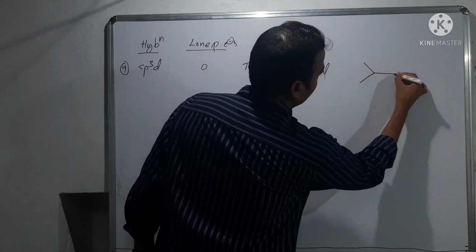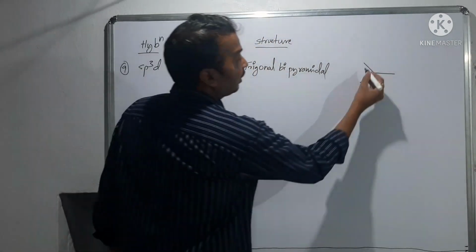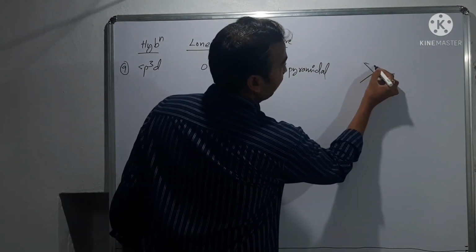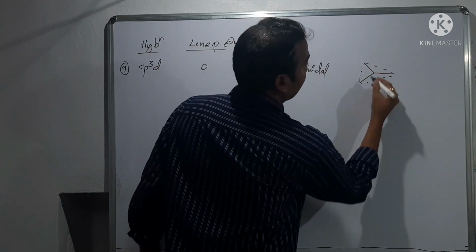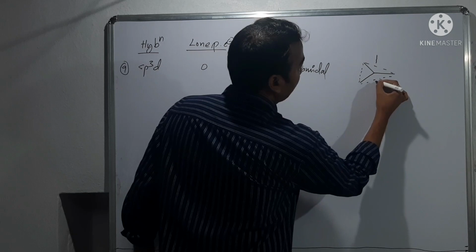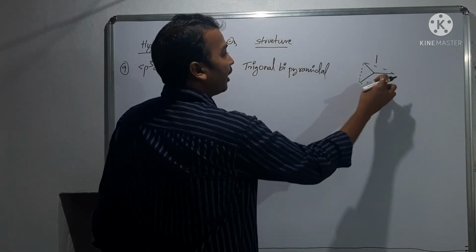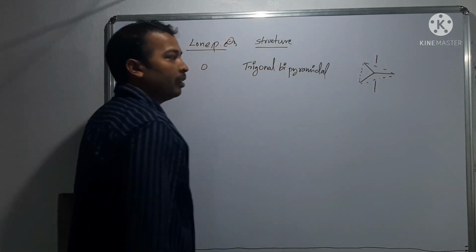In the middle we have a trigonal planar shape. Two bonds are placed above and below this plane. So this one is called trigonal bipyramidal.